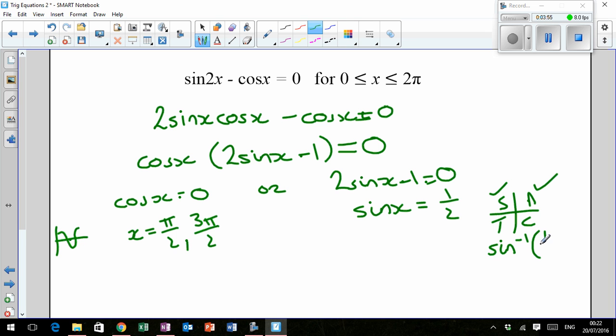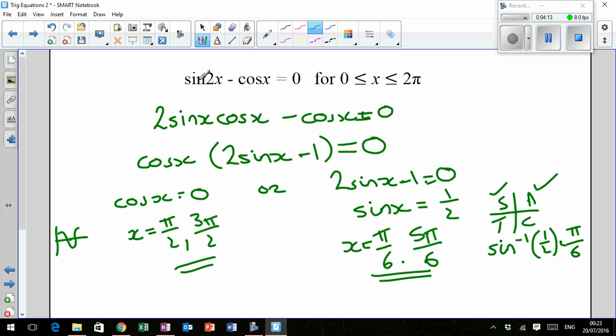Inverse sin of a half is 30 or pi over 6 in radians. So my 2 solutions from here are pi over 6 in quadrant 1 and 5 pi over 6 in quadrant 2. So there's my 4 solutions. Okay, now 2 things to deal with, 2 different trig terms, double angle formula to substitute in, and then factorise.